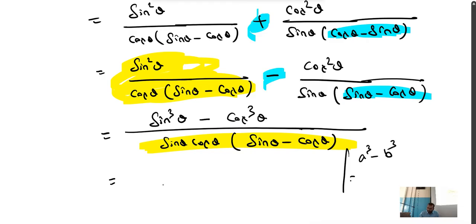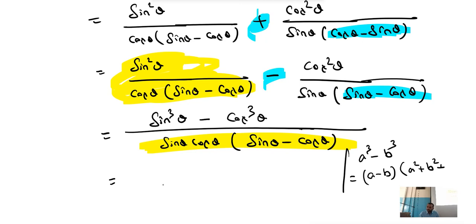A cube minus b cube is a minus b into a square plus b square plus ab.